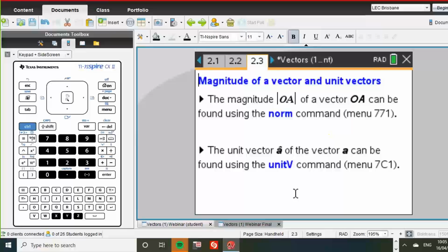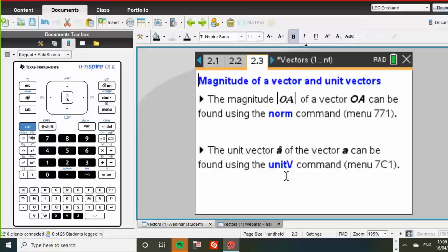So looking at features of the Nspire, the magnitude of a vector and unit vectors. Now the magnitude or the size of a vector can be found by using the norm command. Now be careful because the numbers may change, although that's quite unlikely. For the norm command, you press menu, then matrix and vector, and then norms and then norm.